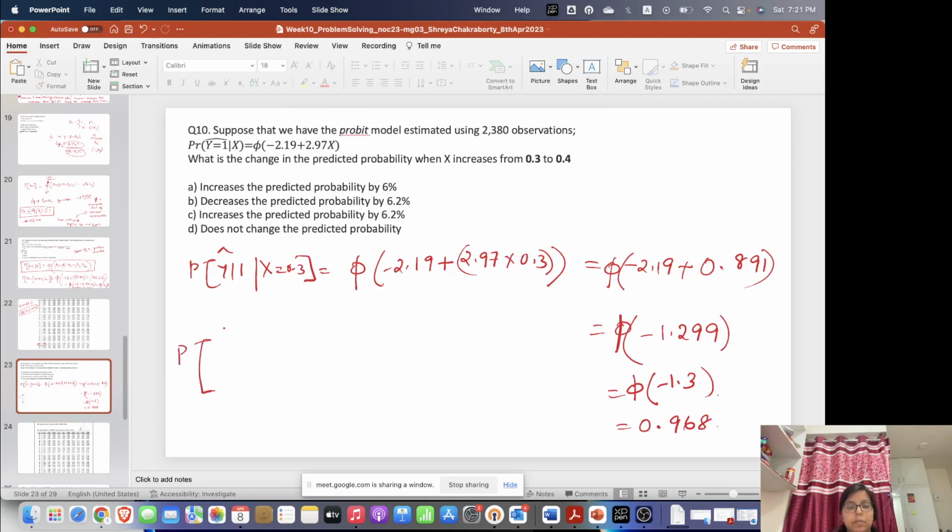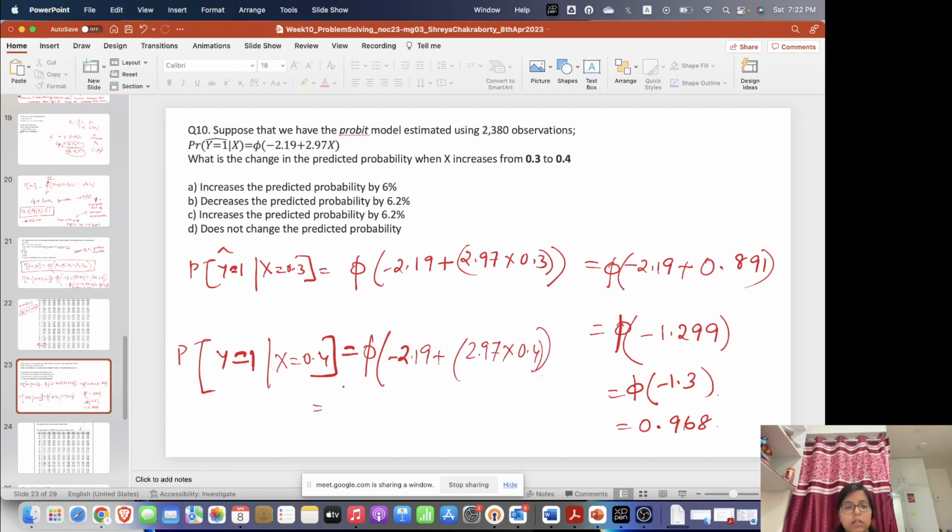And this one, y equal to 1 given x equal to 0.4, this is phi of minus 2.19 plus 2.97 into 0.4.